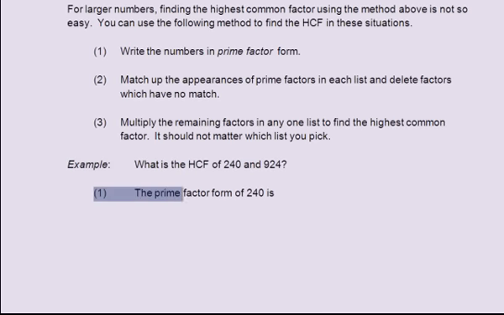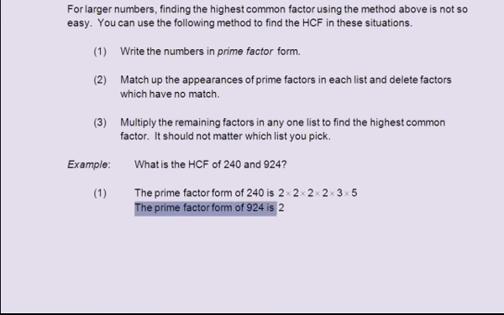The prime factor form of 240 is 2 times 2 times 2 times 2 times 3 times 5. The prime factor form of 924 is 2 times 2 times 3 times 7 times 11.